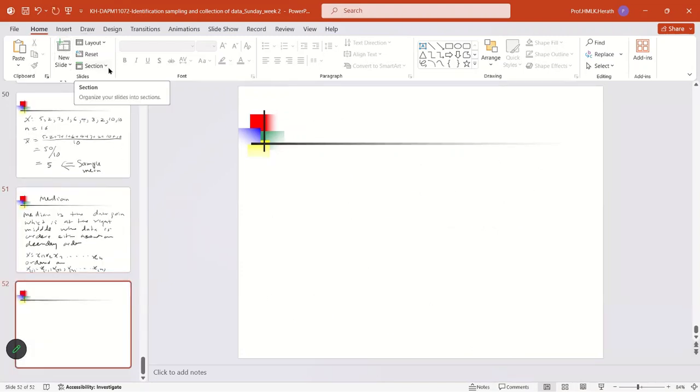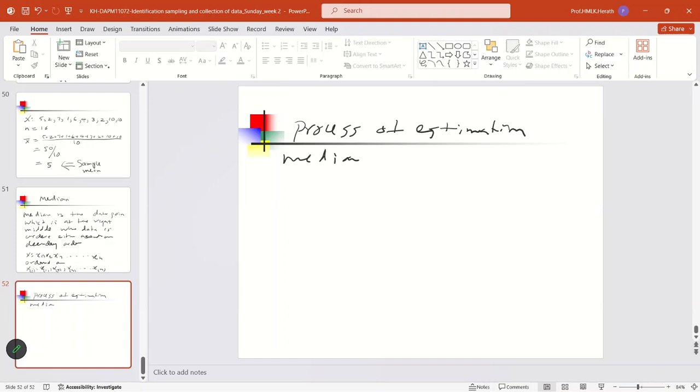So the process of estimating the median is like this. The first step: order your data.